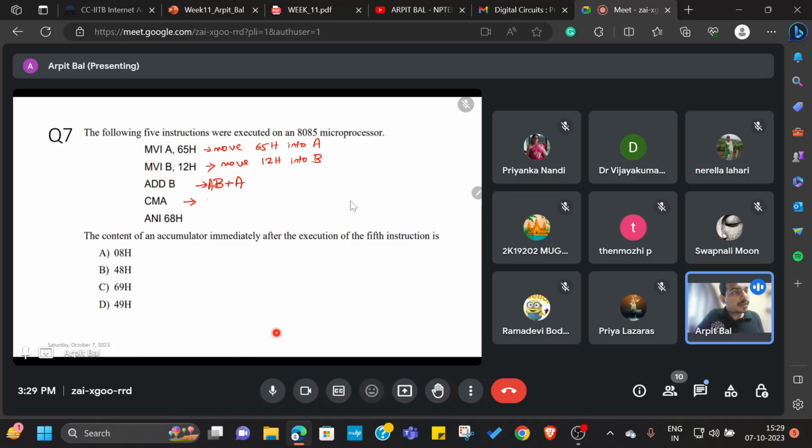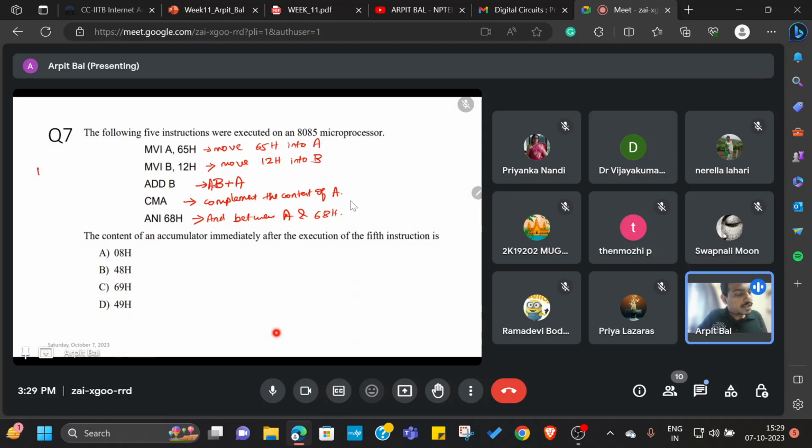CMA refers to complement the content of accumulator. ANI refers to AND immediate 68H. It means AND between A and 68H. Let us see whether we arrive at that.